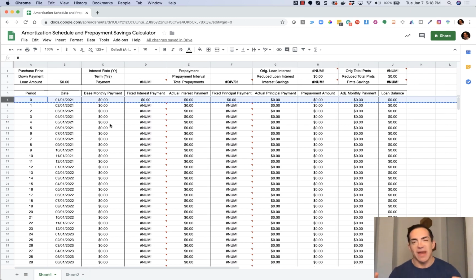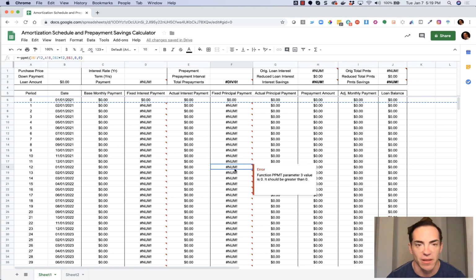So this is a good opportunity to have a general real estate finance education built into the construction of a tool. I hope that you'll get a lot of value from this.